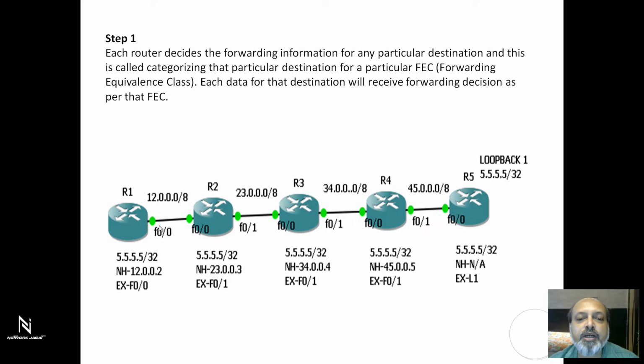If you go to any Cisco store and ask for a router which is an LSR, they'll be simply confused because a router is simply a router. Whether it can work as an LSR or not depends on whether the operating system, the IOS, inside the router actually supports the MPLS facility.